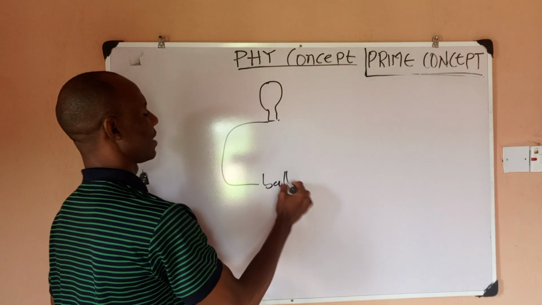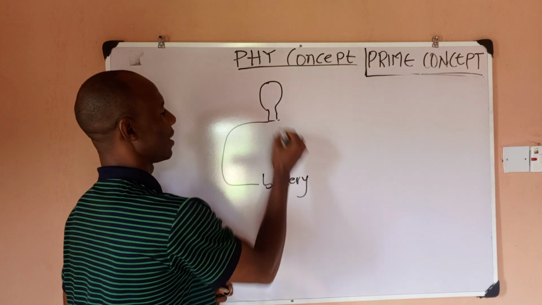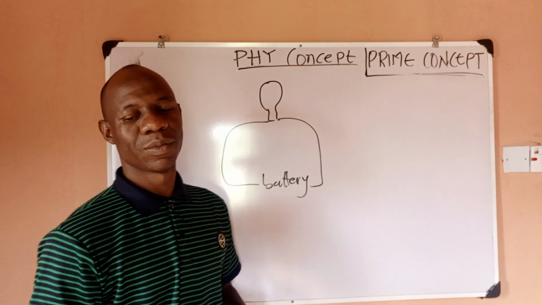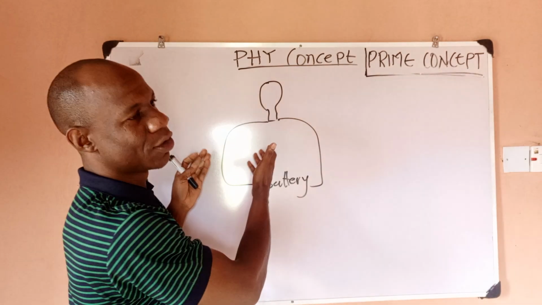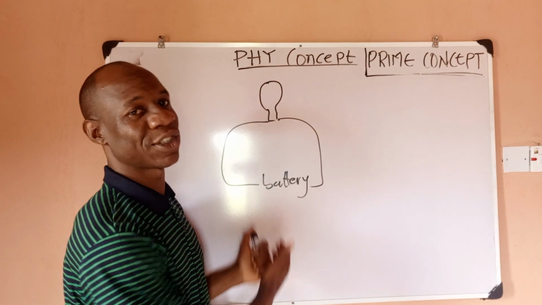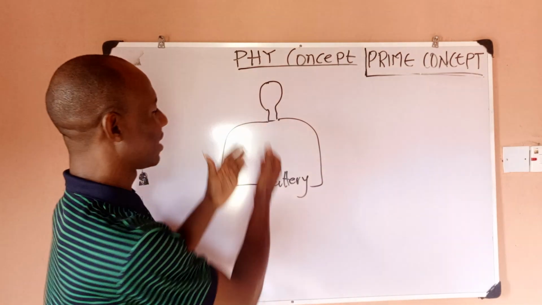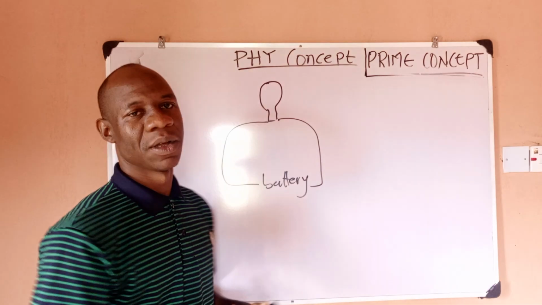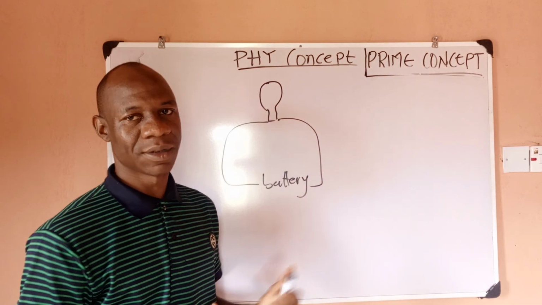So we had our battery like this, connected to the other end of the battery, and this touch bulb would glow. Unknowingly, we had actually constructed an electric circuit.